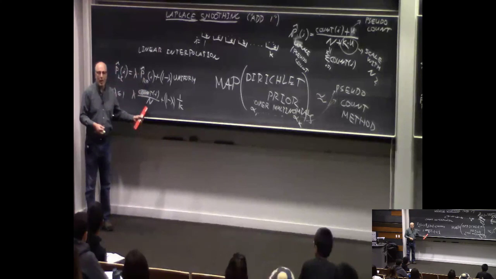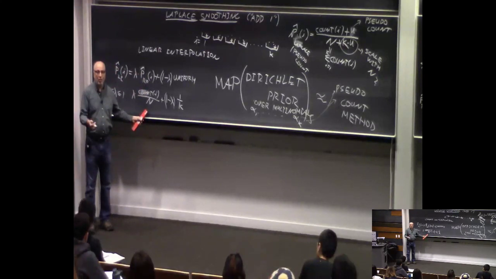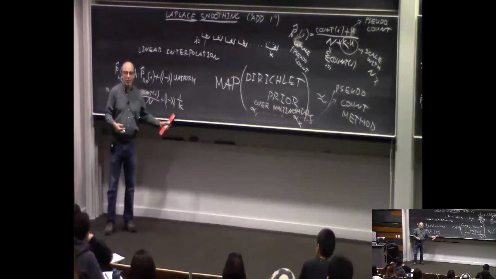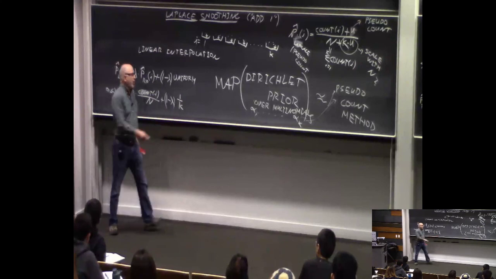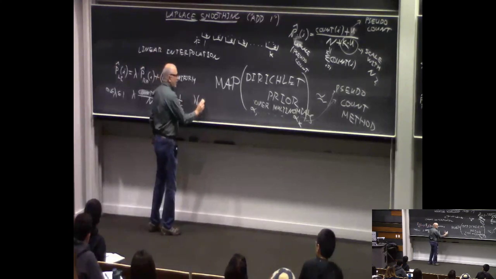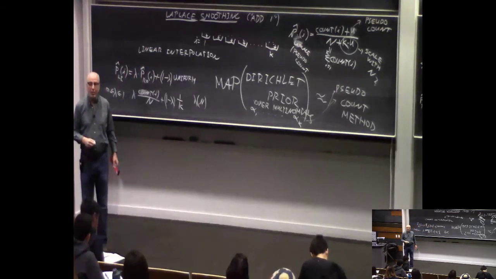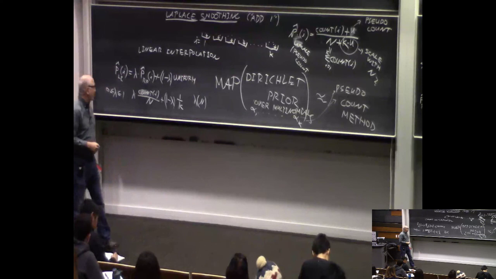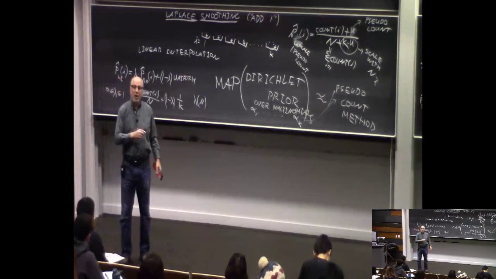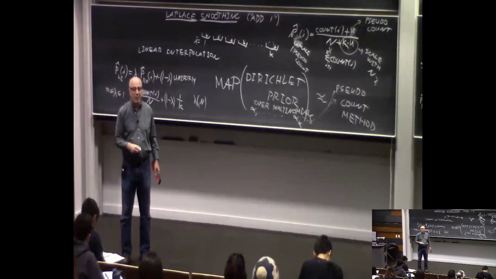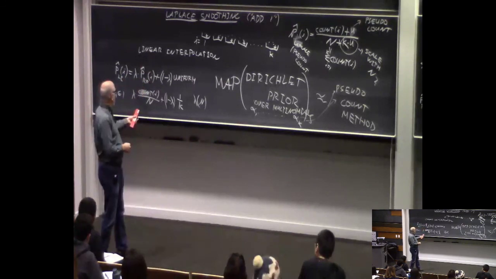The problem is that if you fix lambda, you have the disadvantage that we discussed earlier: as you get more and more data, it doesn't overwhelm that smoothing factor. It has this constant distortion. So you can think of lambda as being made a function of the amount of data you have. As n goes to infinity, lambda would typically go to 1 in this case.